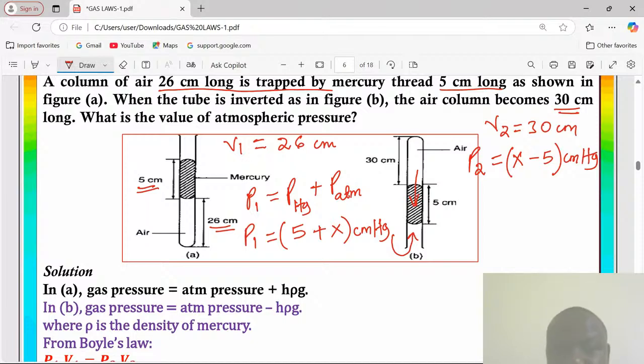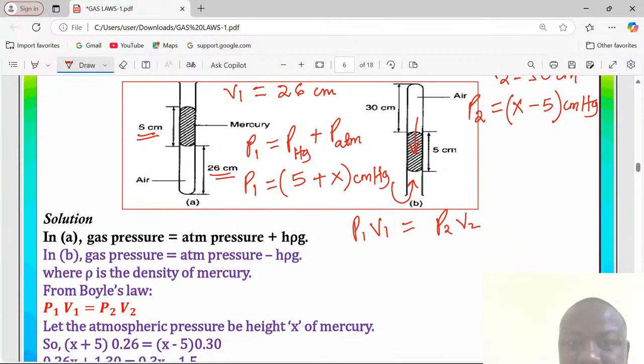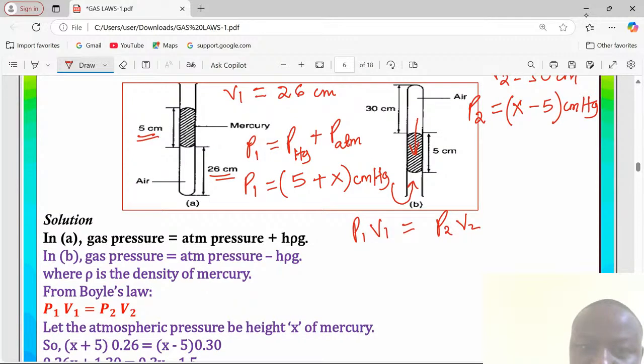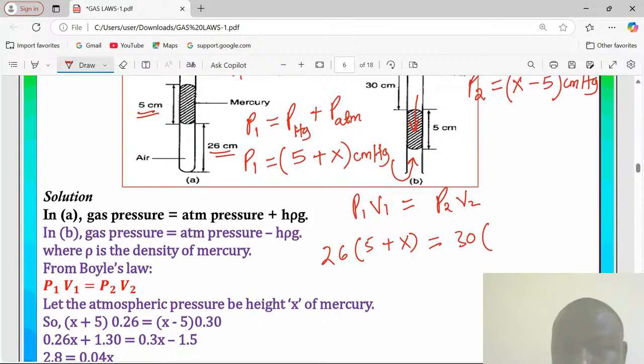So now with this, we remember that according to Boyle's law, P1 V1 is equivalent to P2 V2, meaning we take 26 multiplied by (5 plus x), this will be equivalent to, we take 30 on the other side, then (x minus 5).